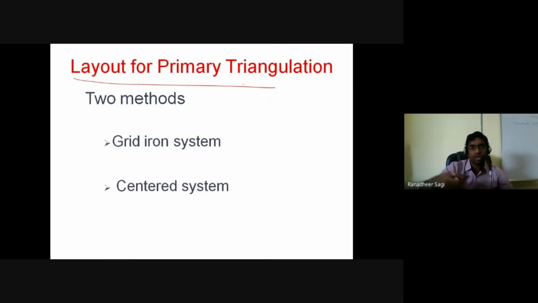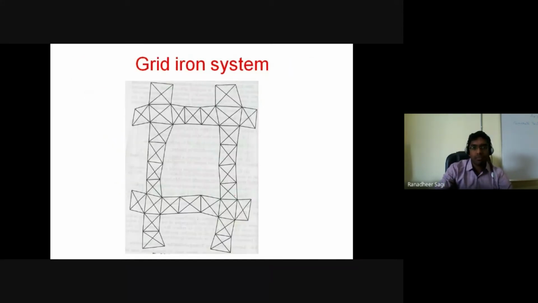We have two methods by which you represent that primary triangulation layout. One is the gridiron system and the other is the centered system. What does this gridiron system mean? When you are going to represent the primary network for such a large area, you are going to represent your network in the form of a grid, look at here.